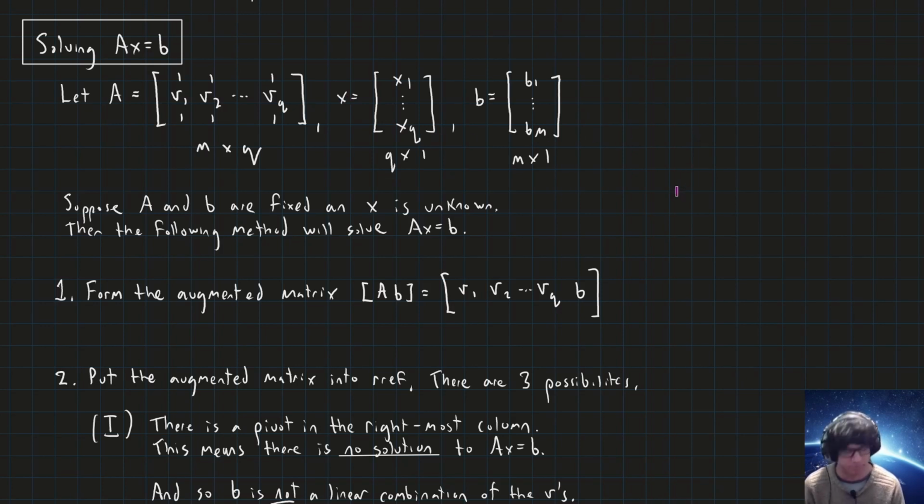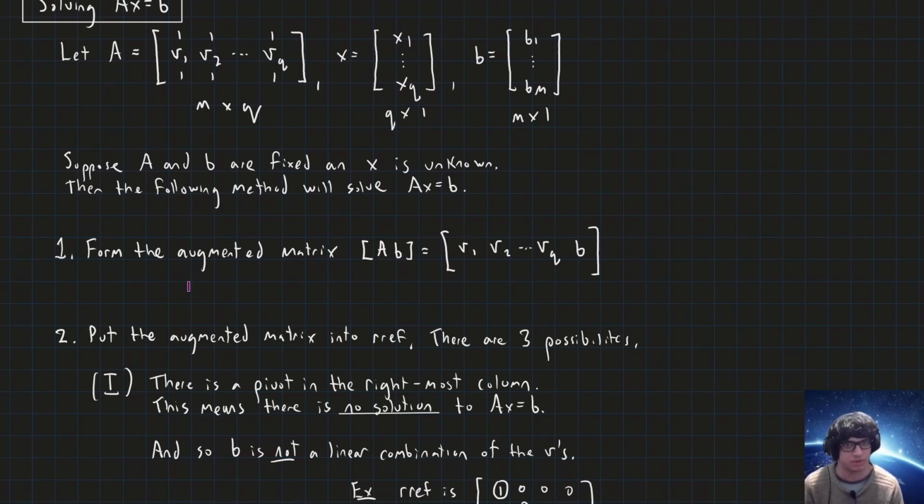So here's the procedure. We want to form what's called the augmented matrix [A | b]. We just write the columns of A, and then we write b as an additional column.